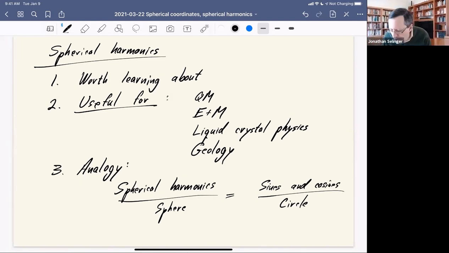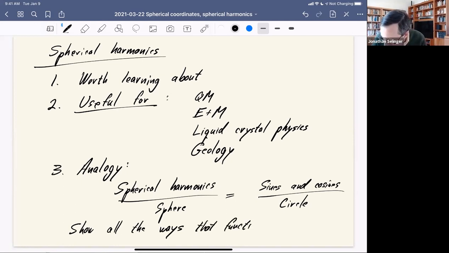The spherical harmonics are a 3D generalization of sines and cosines, in that they show all the ways that a function can depend on orientation, on angle in 3D, which is to say on latitude and longitude.